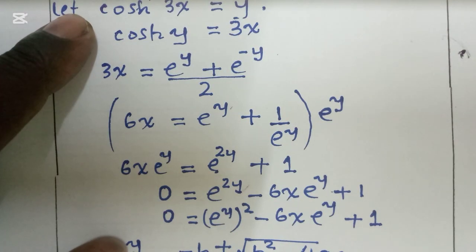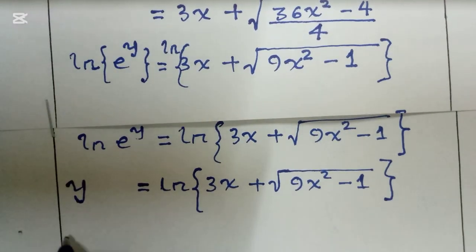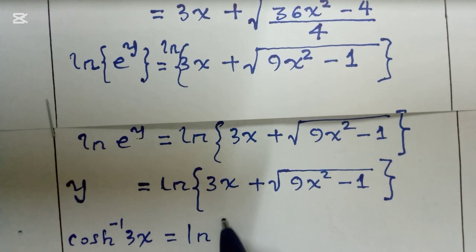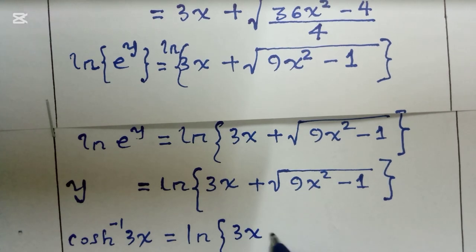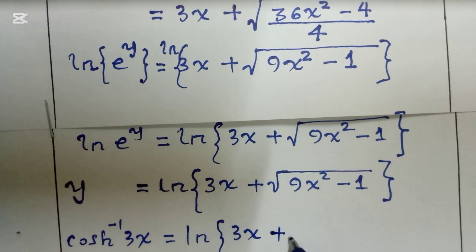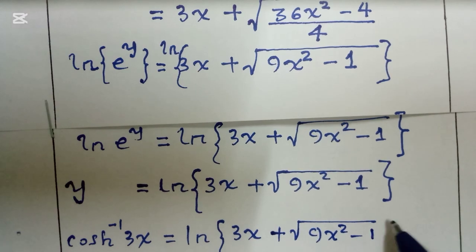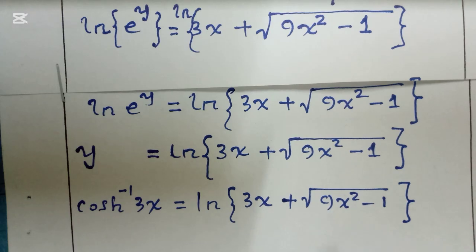Now we can replace our y, so that we shall have cos inverse 3x now gives us natural log of 3x plus square root 9x squared minus 1, like that, guys. So finally, guys, this is our solution.